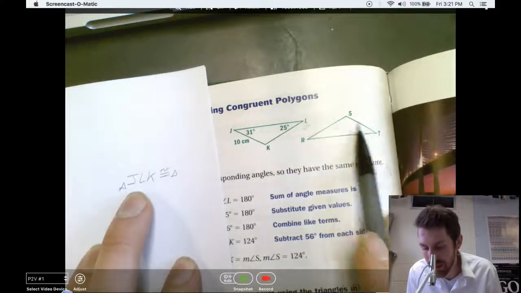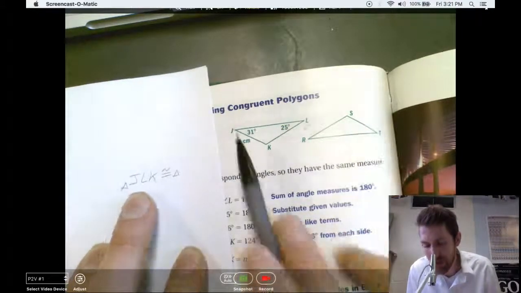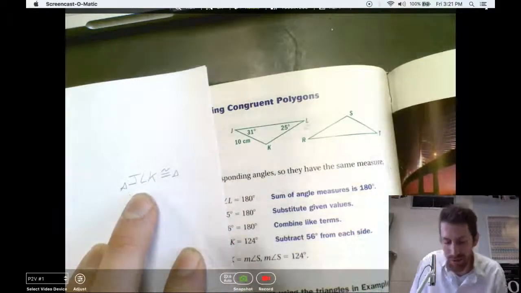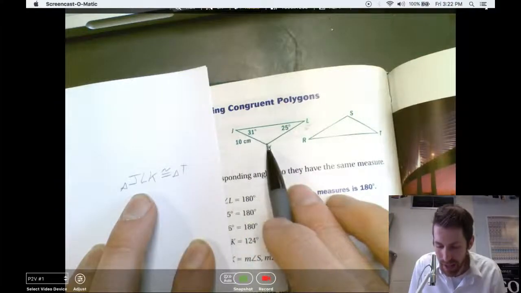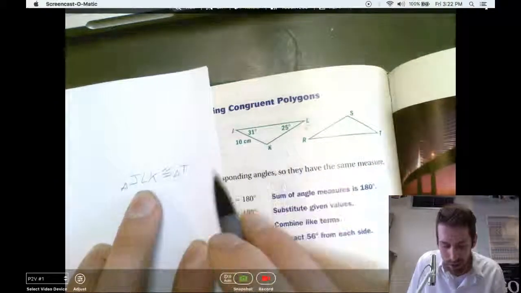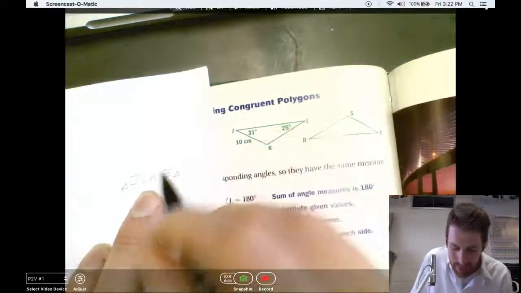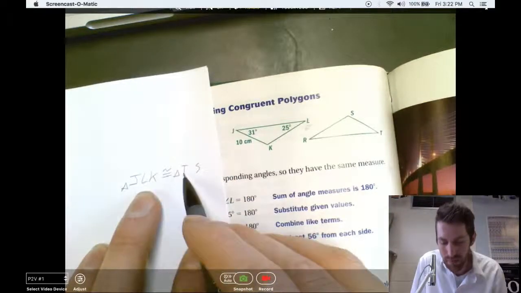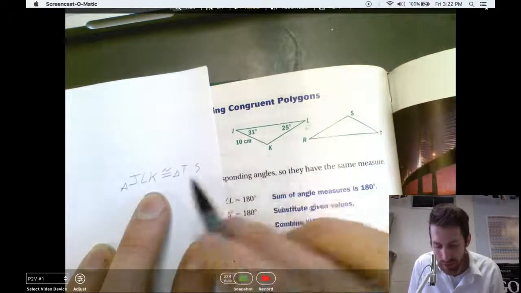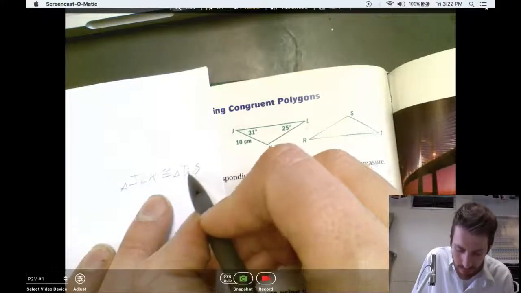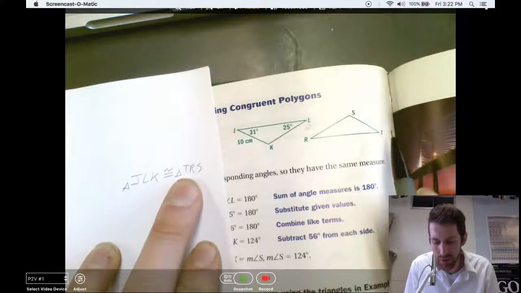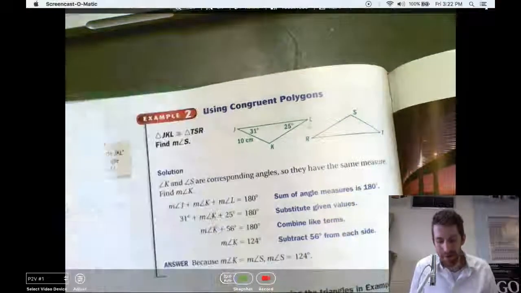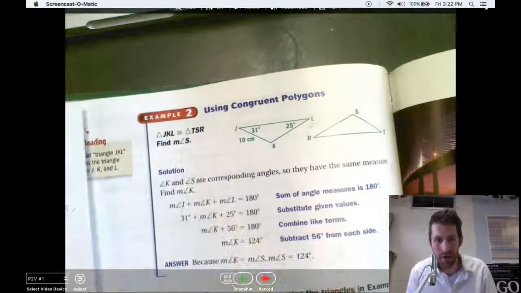ST looks like the shortest. So J and T are corresponding. So I'm going to list T first here. K and S are obviously corresponding. So I'm going to put S last because K is last. And then in the middle, I've got my other one, R. So triangle JLK is the same as triangle TRS, which they told you right here.